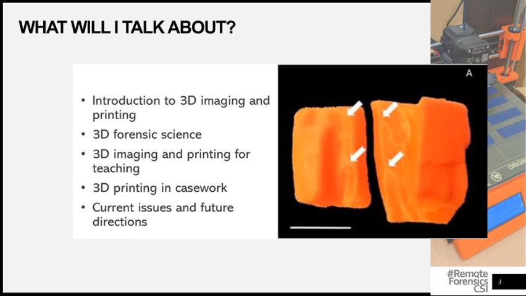So we'll talk through a little bit about that. Think about how 3D imaging and printing is really useful for teaching of forensics, but then also in terms of casework as well. And then think about some current issues and future directions that are presenting themselves with this sort of technology.